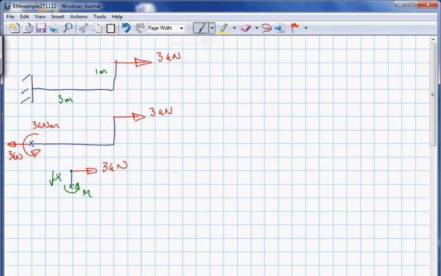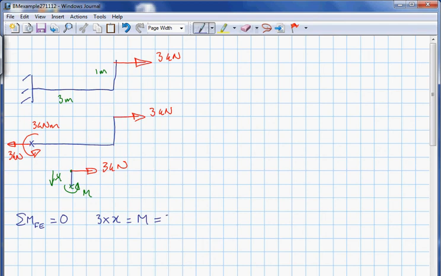So let's say what we're doing as usual, sum about the moments at the free end equals 0. So moment equilibrium, we've got 3 times by x acting clockwise equals m.